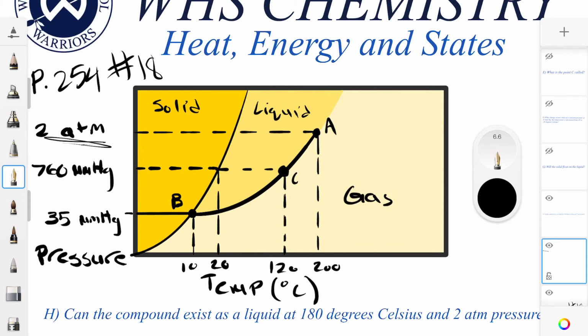So 180 degrees Celsius will be around in between here, in between 120 and 200. So if we find that intersection point, it is going to be right before this boundary between the liquid and the gas phases. So it should be just about here. So we see that that point is in the liquid region, signifying that the compound can exist as a liquid at this point.